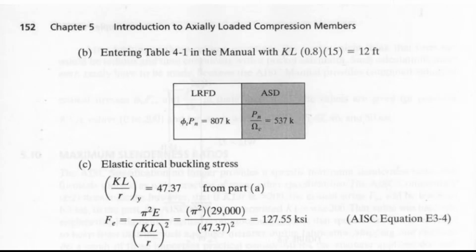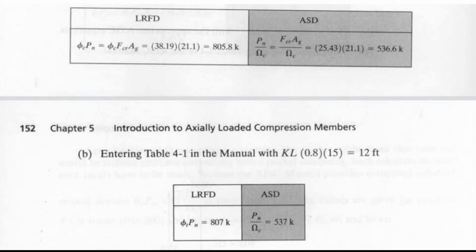So very near. 805, 807. Here, ASD method, 536.6. 537. So this is the same. This is equal already.